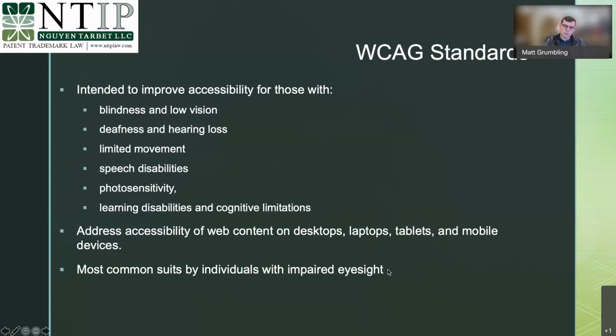Again, I think we're probably seeing the beginning of this trend, and we may see these things evening out over time. We may see more complaints by people who are hearing impaired, who want to see transcripts of podcasts, for instance. I did see one lawsuit on that.